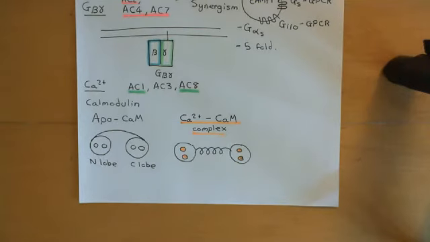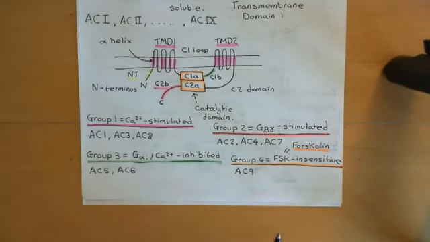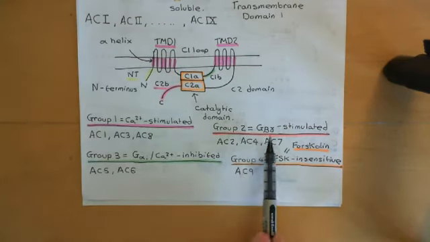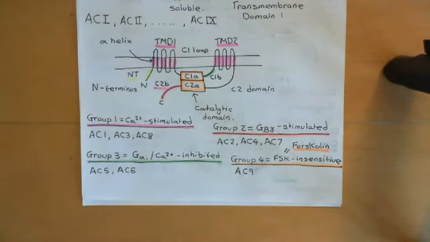Going back to our classification of the 9 plasma membrane adenylyl cyclases into these 4 groups, we've now covered the calcium-stimulated group 1 adenylyl cyclases. We've covered the group 2 G-beta gamma stimulated adenylyl cyclases, which are stimulated or at least potentiated by G-beta gamma subunits.